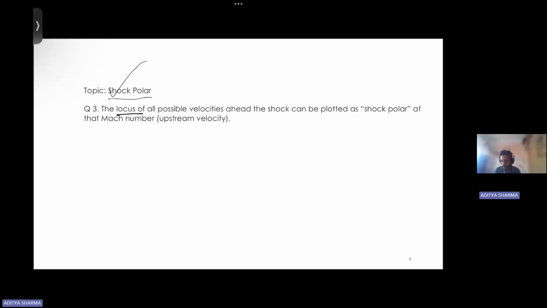So when I discussed shock polar, I told that it is a locus of all the velocities for different theta deflection values of the flow ahead of the shock, which can be plotted as shock polar.